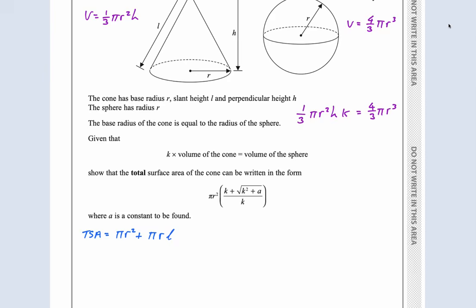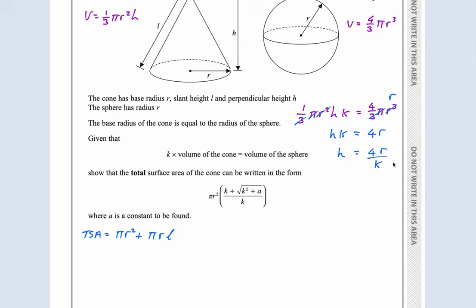A few things we can do nice and easily, guys, is multiply across by 3, divide across by pi, divide across by r squared, which would leave 1 r over here, and I'm left with hk is equal to 4r, or h is equal to 4r over k.